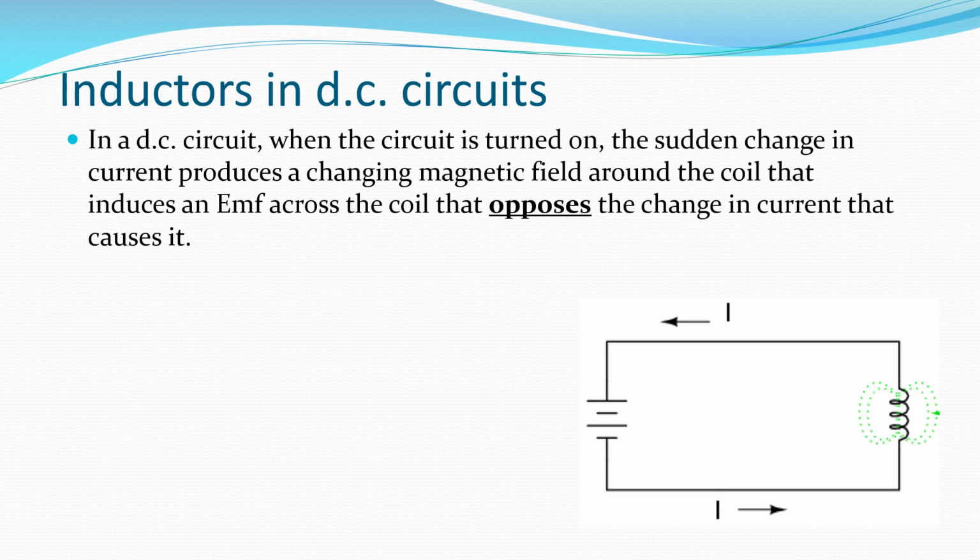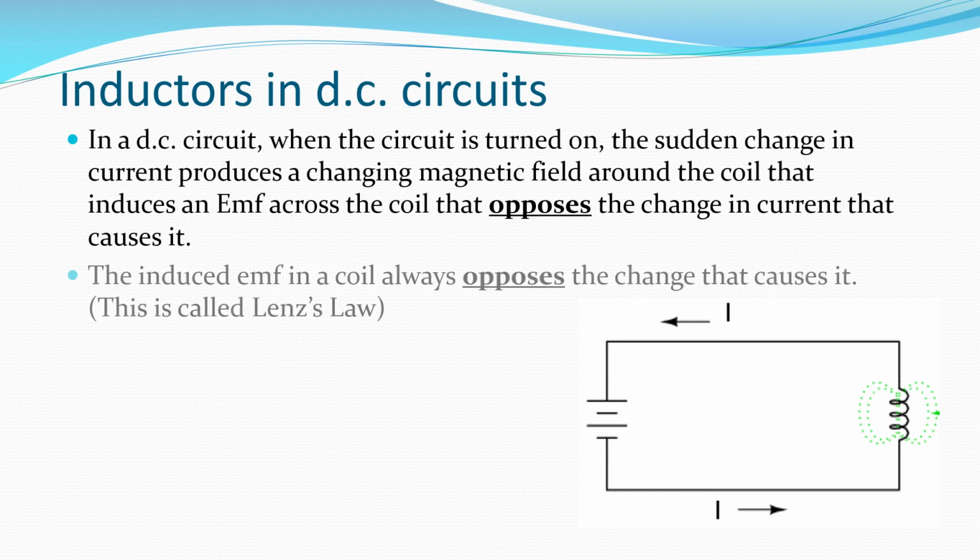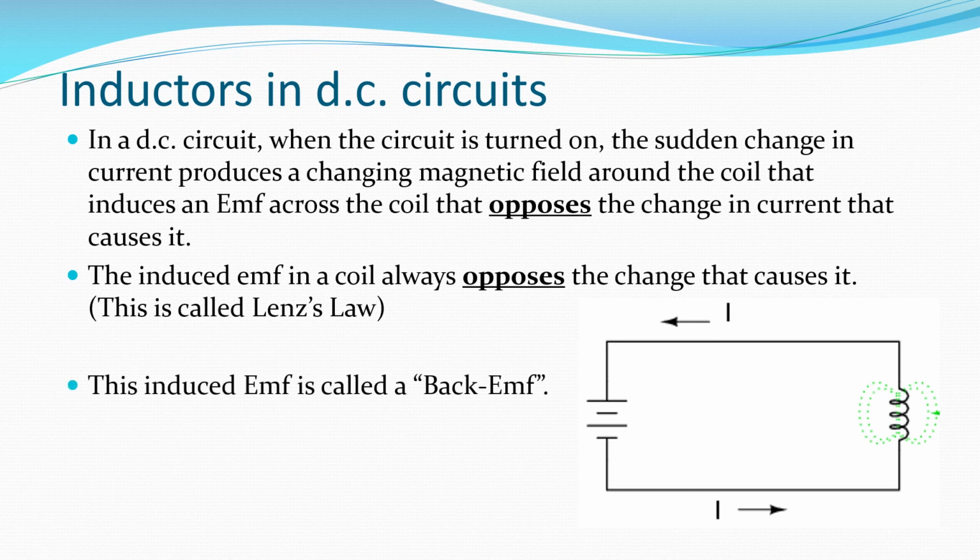The induced voltage opposes the change in current that caused it, so it's acting in the opposite direction. Because the induced voltage always opposes the changes, we call it the back EMF. The induced EMF in a coil that opposes the change that caused it is part of what's known as Lenz's law, and it's a common topic in Advanced Higher projects.